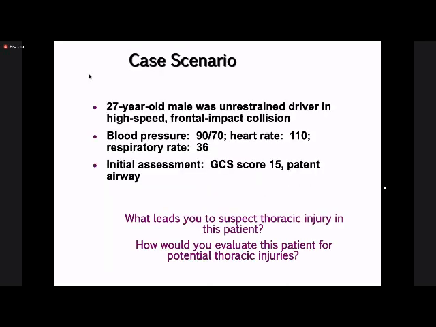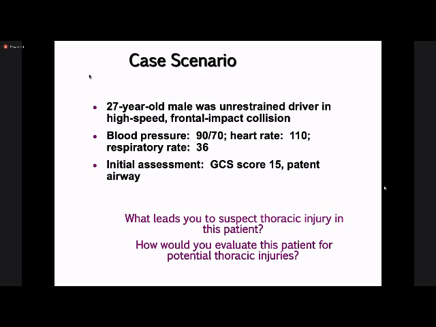Right. Think of a scenario like this. Again, a young man. He was an unrestrained driver in a high-speed frontal impact collision. Blood pressure 90/70, heart rate 110, respiratory rate 36 per minute. GCS 15. So he's talking. Patent airway. Why do you think he has potential breathing problems or injuries to the chest?